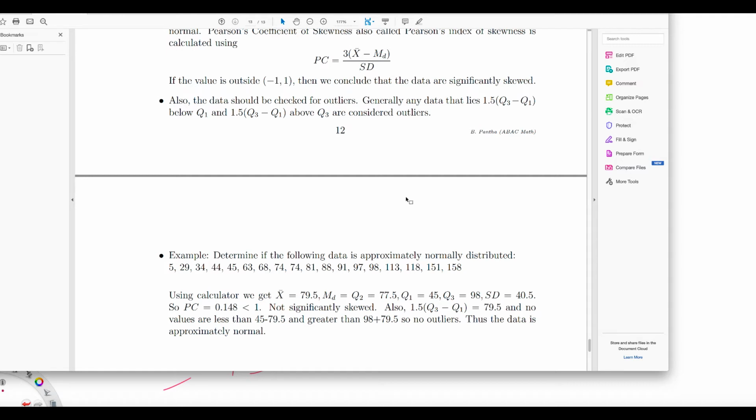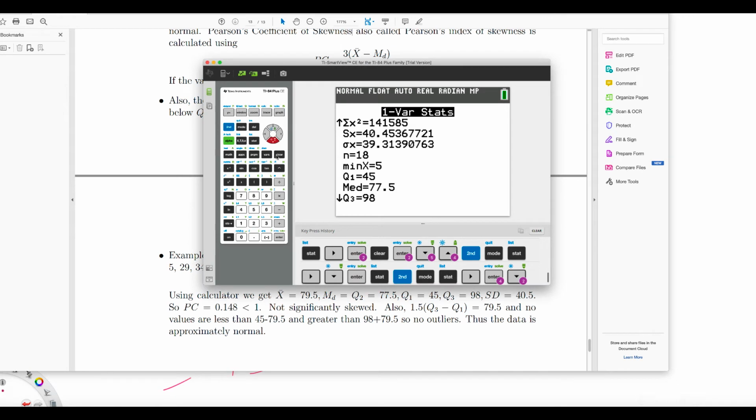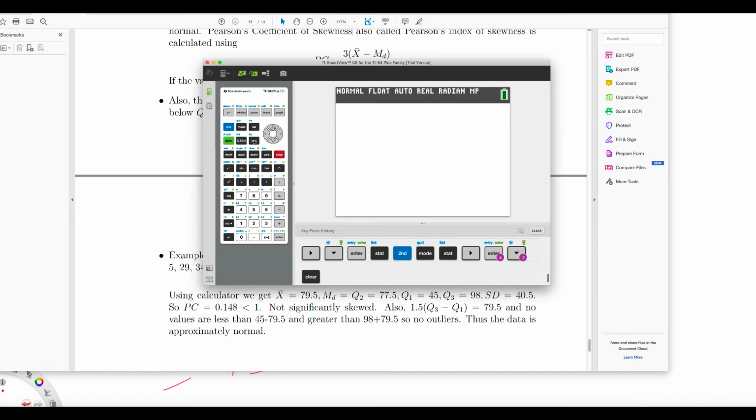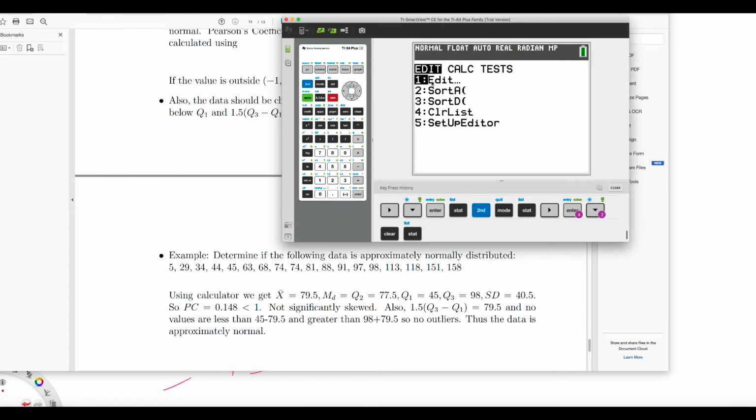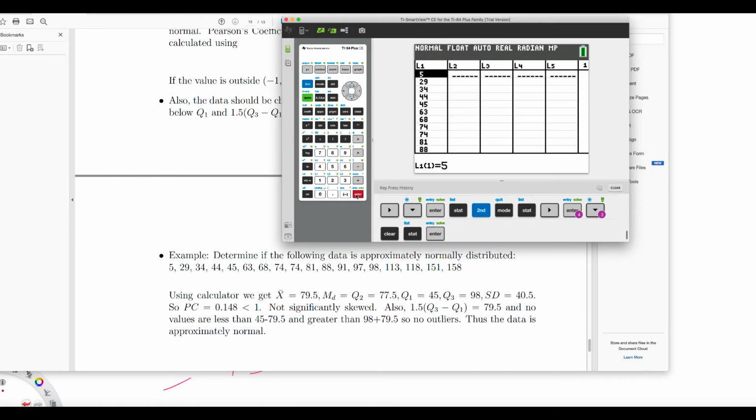It is exactly the same method as we did in chapter 3. You remember how we find the mean, median, mode, standard deviation, all those things? This is what we use. We enter all this data in the calculator. How do I enter this data in the calculator? You go to stat, then edit, hit enter, and in L1 or L2, anywhere, you enter the data.